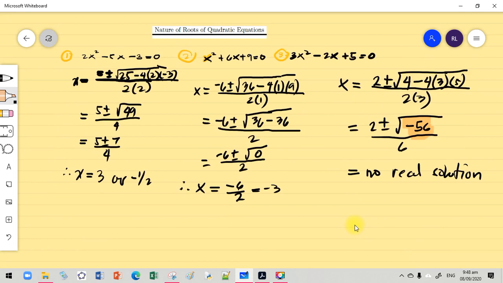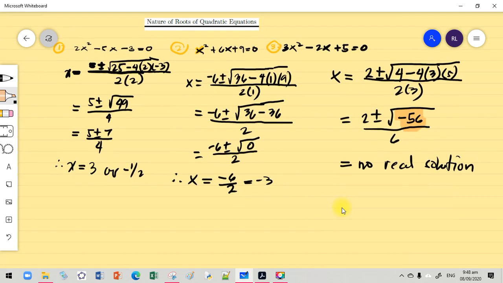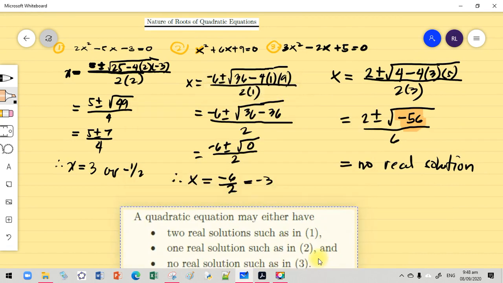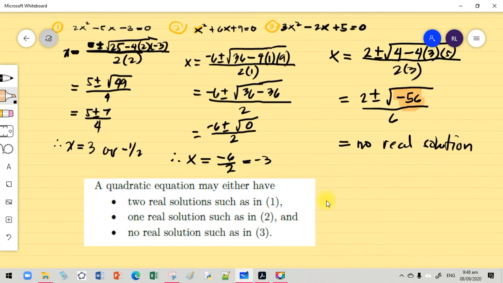In general, with these three findings, a quadratic equation may have two real solutions, such as in number 1, one real solution, such as in number 2, or no real solution, such as in number 3.